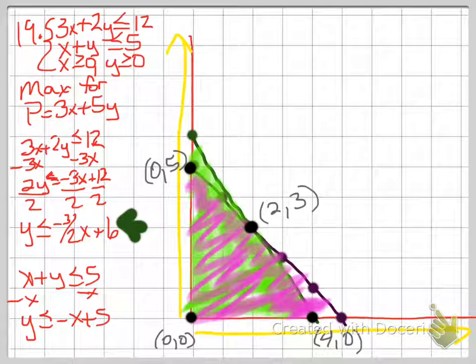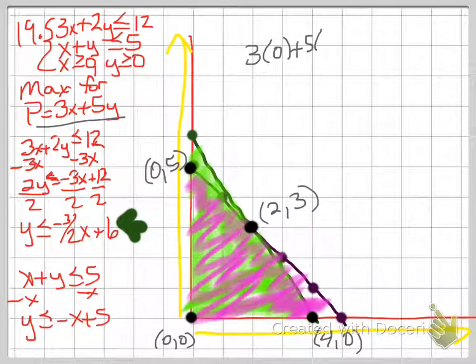Okay, so we need the maximum for this equation. So let's figure that out. So first of all, we have 3 at 0 plus 5 at 0 gives me 0 plus 0, or 0.